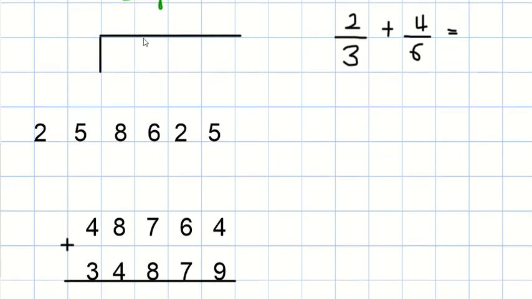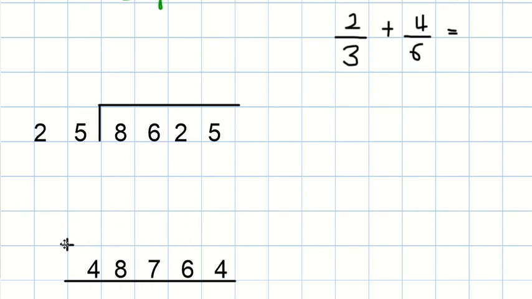Okay, again, I'm just going to move this one down so we've got a little bit more room. Okay, 8,625 divided by 25. Okay, looking at this one, I'm going to need to use the long division method. I'm going to start by thinking 25 into 8 doesn't go.